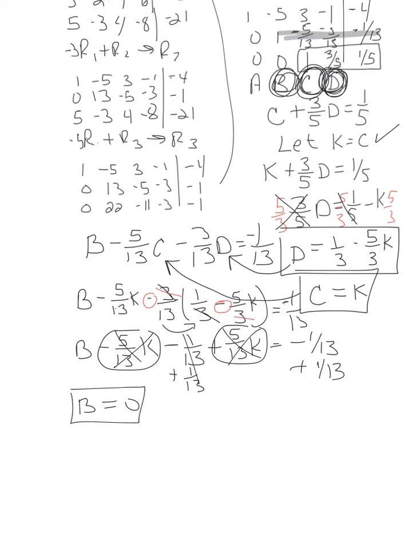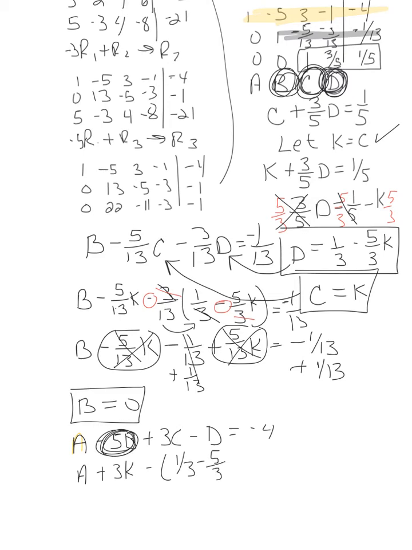And now the last thing I need to do is come all the way up here and get this very first column up there. So that's a: 1a minus 5b plus 3c minus d equals negative 4. Okay, well, b is 0, so this piece ends up being 0. C is k, so I've got a plus 3k minus d. Okay, d is 1/3 minus 5/3 k.